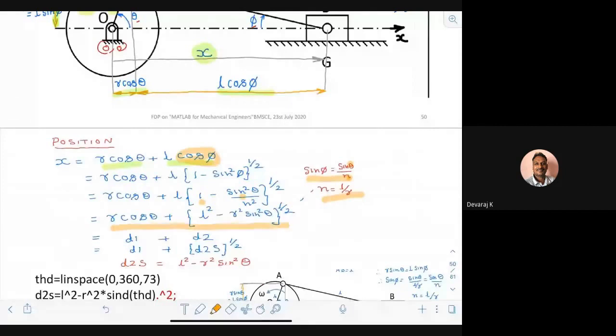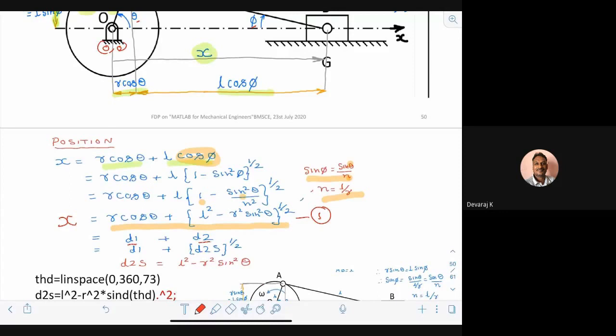This is an important equation, let me call it equation 1, for plotting as a function of theta. So x is equal to R cos theta plus L square minus R square sin square theta to the power of half. The displacement has two components, d1 and d2.